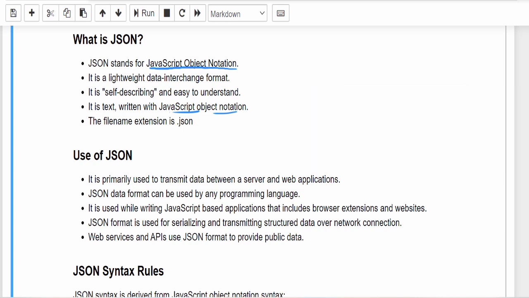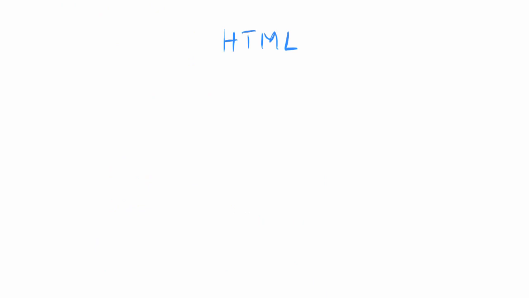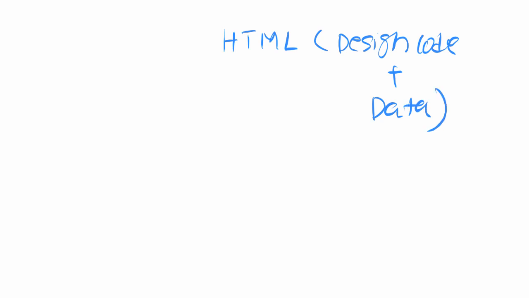So we must know a little bit of history behind that. 10 years back, the data exchange between the server and web application happened using the HTML file. HTML means hypertext markup language. When the transfer happens, this HTML will contain the design code, then data. The drawback of this design is that it is used for static pages and the file size is large.